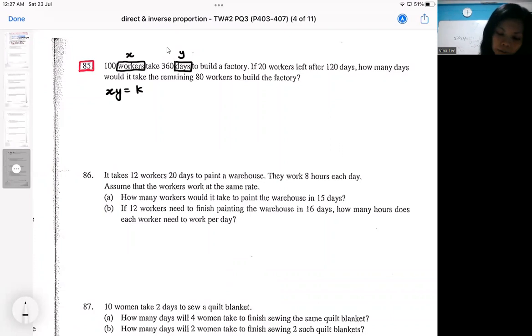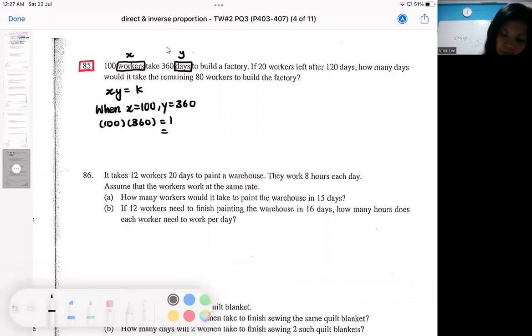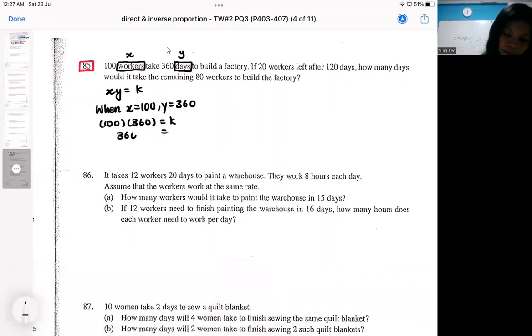After you come out with the equation, getting the K is quite easy. You just put in the current value, and it can help you to find the value of K. So that is your value of K. Put it into the equation and you've got a nice equation.